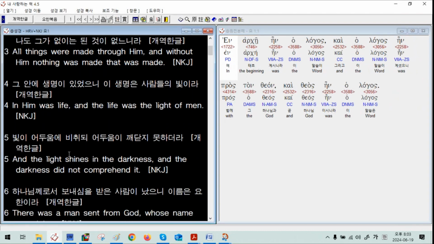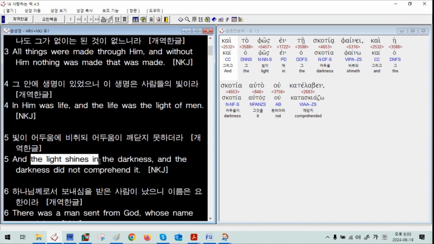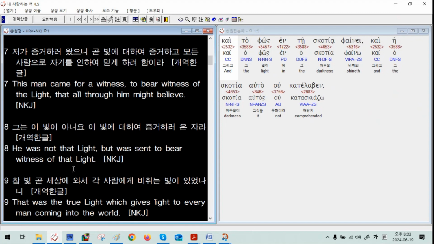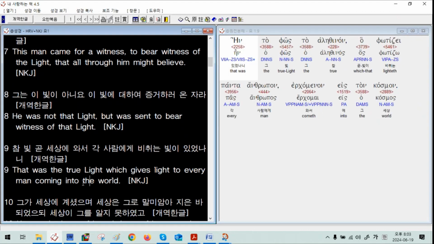And when we come down, the light shines in the darkness, right? And the darkness did not comprehend it. The darkness status is the first earth, right? And then talking about John, Johannes, verse 9, that was the true light.